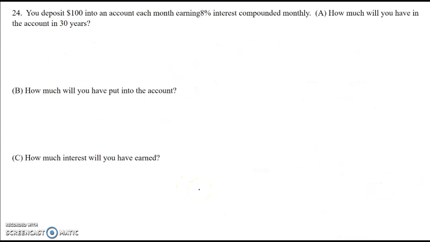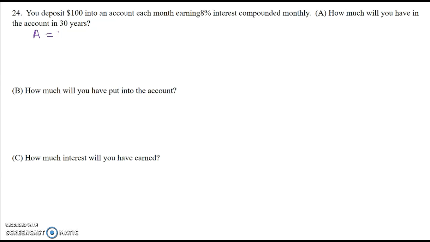So here's 24. It says you deposit $100 into an account each month, earning 8% interest compounded monthly. How much will you have in the account in 30 years? So this is a savings annuity, right? So I'm going to say A is equal to... just a second, let me get my formula so I make sure that I have it right.